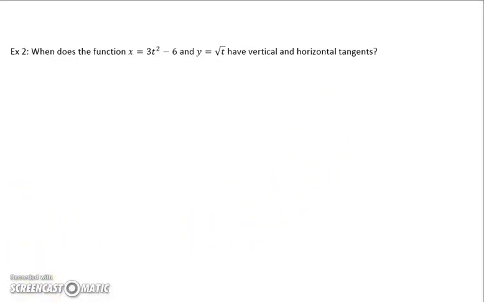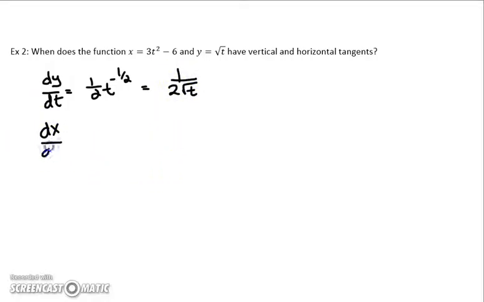The next thing we can look at is finding out where we have vertical and horizontal tangents. So for vertical and horizontal tangents, we need the slope of the tangent line. So again, we're going to need our dy/dx. To get dy/dx, we have to take the derivative of the y piece, which is going to be 1/2 t to the negative 1/2 power. dx/dt is just the derivative of the x piece, so that's going to be 6t.